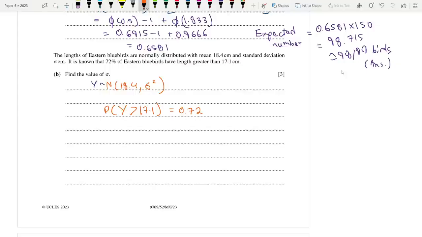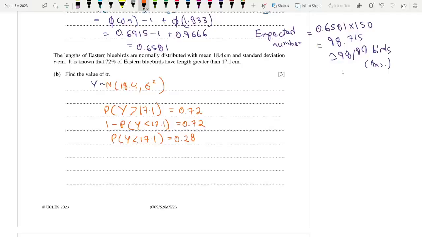Now what? We have to standardize this. We can write 1 minus P(Y < 17.1) is equal to 0.72. So P(Y < 17.1) is equal to 0.28.